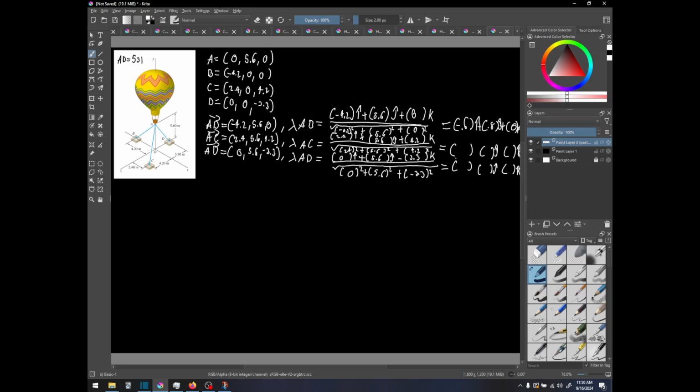Then here we're going to have 0.324 plus 0.756, and then this is going to be J hat plus 0.567.